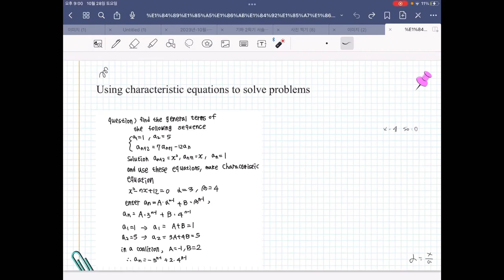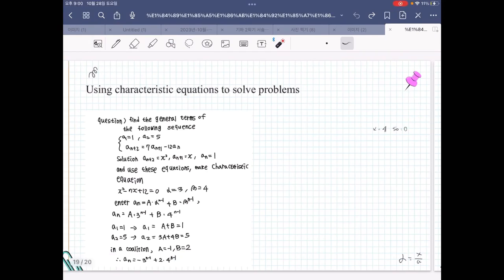And combining these two equations, we can get this, and as a result, the general term of the following sequence is like this.